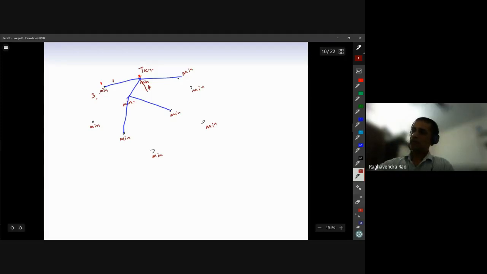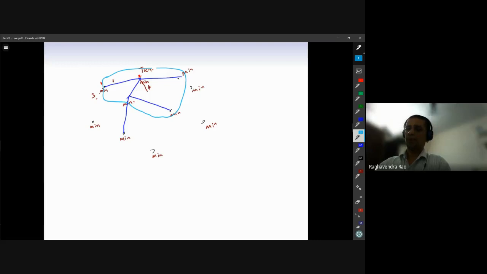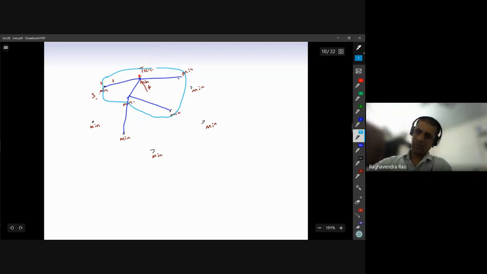Now, suppose you have T k minus 1. Inductively, you have a min, that is the minimum weight outgoing edge. It could be only this, or there could be other edges. Now, when we update, we just compare it with the outgoing edges of this new vertex which is being added.